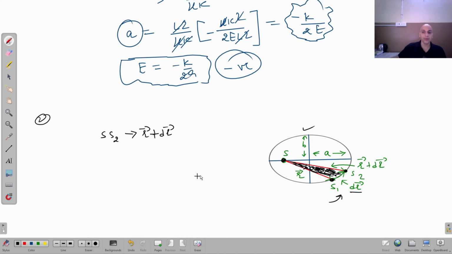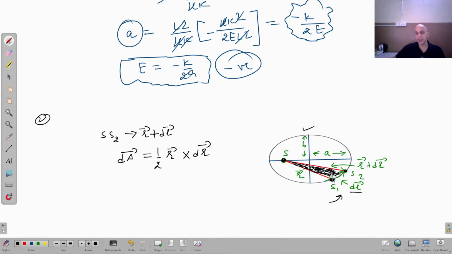So obviously, let this area be dA. It will be this distance r multiplied by 1 by 2, sorry, 1 by 2 r into this distance, that is dr, right? This is the formula for calculating the area of this sector: r, this position vector from here to here, and this distance dr, right? So 1 by 2 r cross dr.